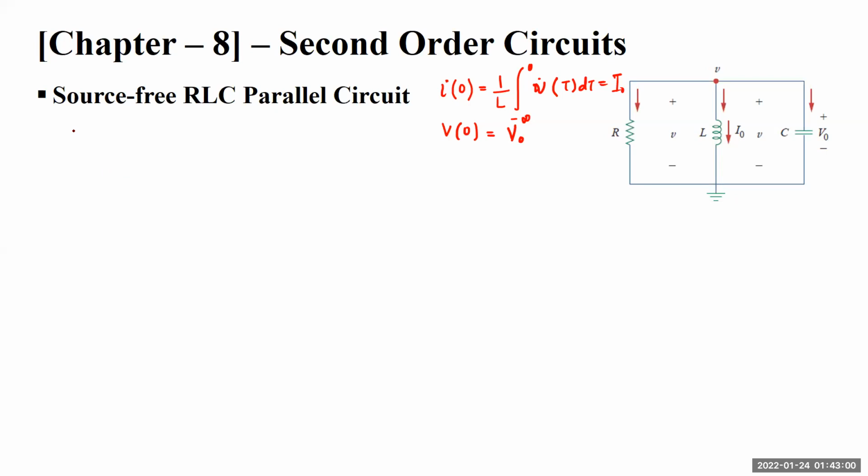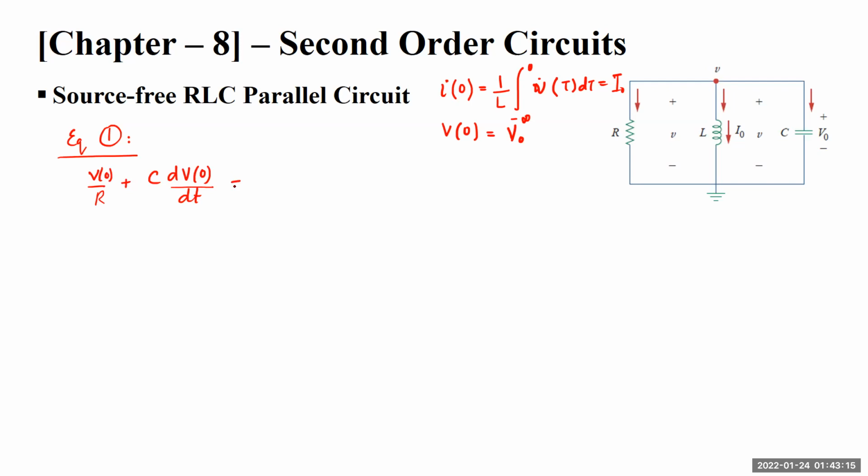Equation 1, our first equation, was V/R plus C dV0/dt, we call it V0, plus again 1/L times the integral, and this basically comes out to be I naught.